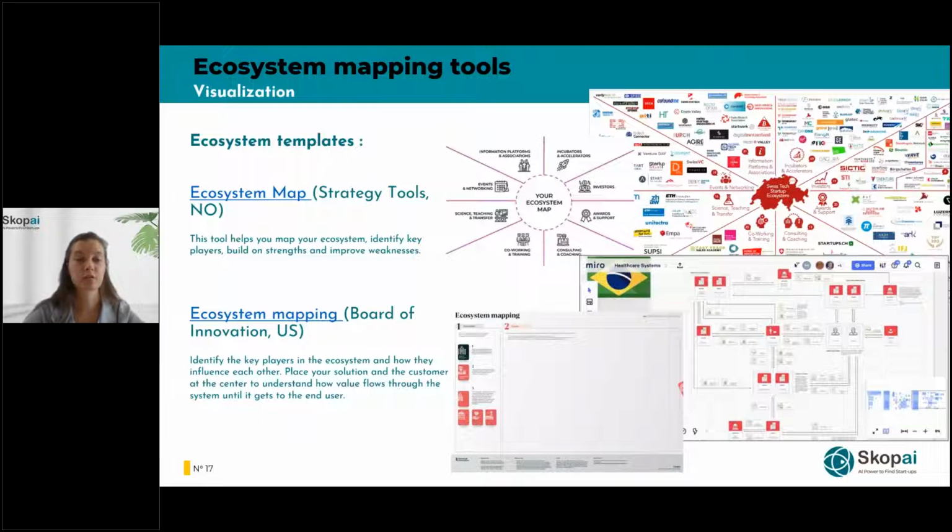The main solution and the customer are placed in the center, and with the different actors, their relationships are created in order to see how the value flows from the creation to the end user. And this template has been applied to the ecosystem of a healthcare company that you can see an example on the down right corner.